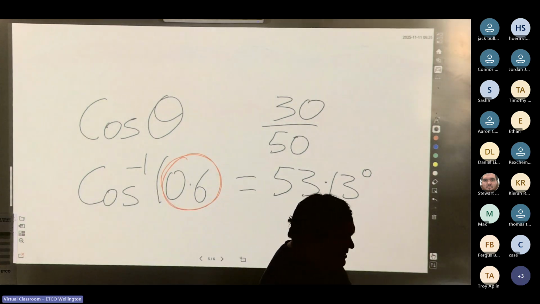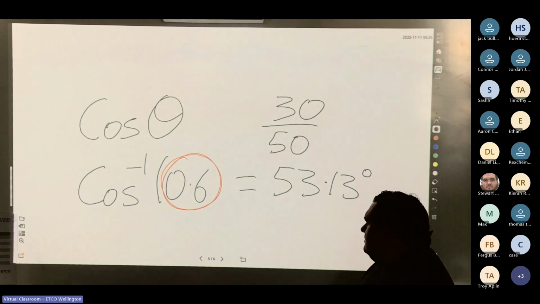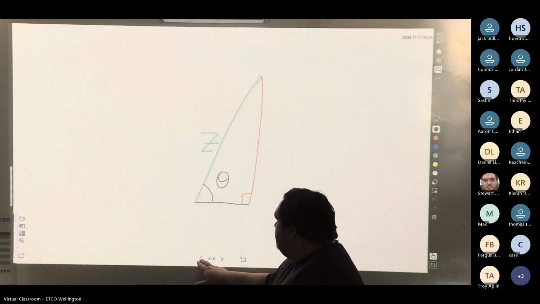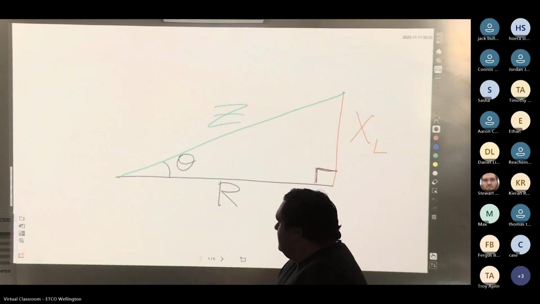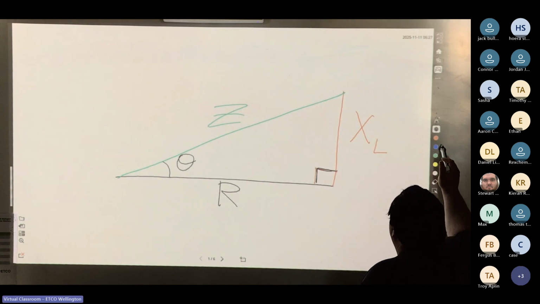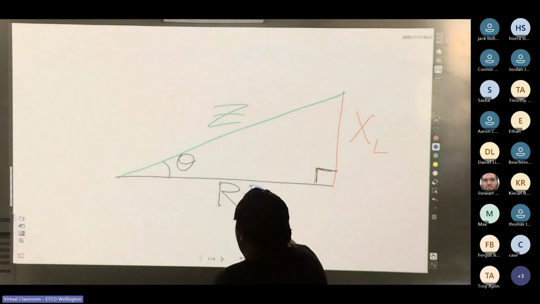We will look at the way this works in terms of power, but when we go back to the triangle, later on we'll look at how we can replace resistance with power.